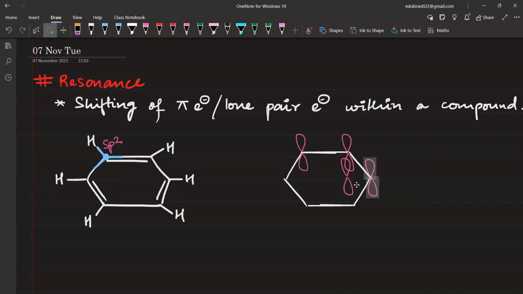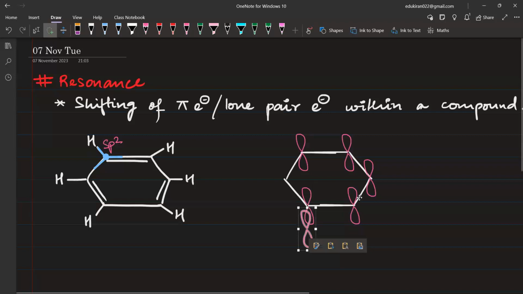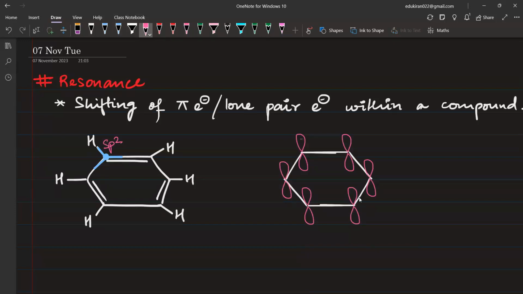There will be p orbital here. There will be p orbital here. There will be p orbital here. And here also.